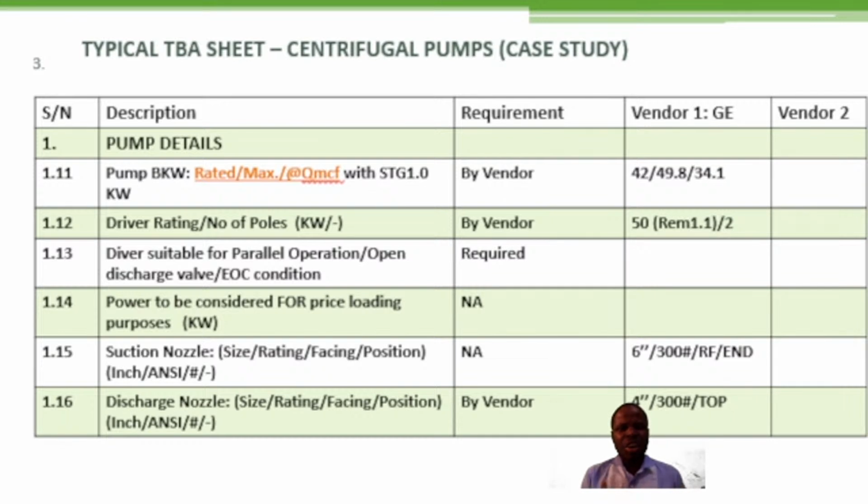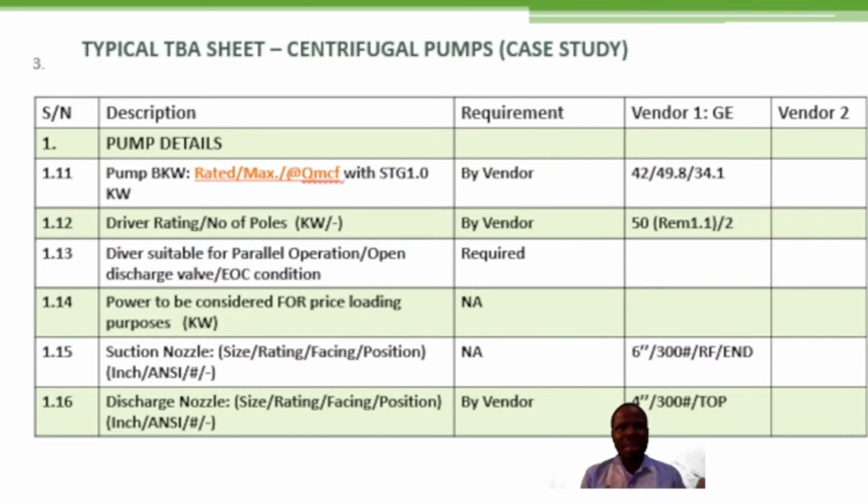So your pump BKW, because usually, as stated in API 610, for electric motor drivers, your pump shall have a minimum continuous rating. So you check the pump rated BKW that has been supplied by the vendor. If it is up to 22 kilowatts, what does API 610 say to determine the motor maximum continuous rating, or the driver rating?